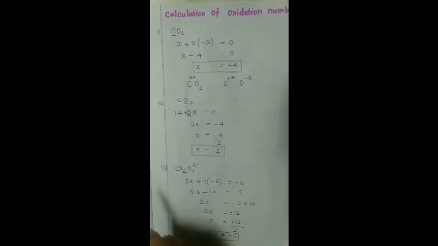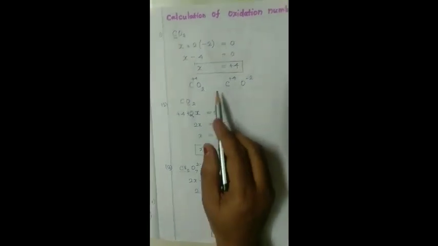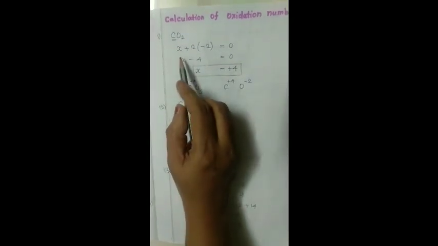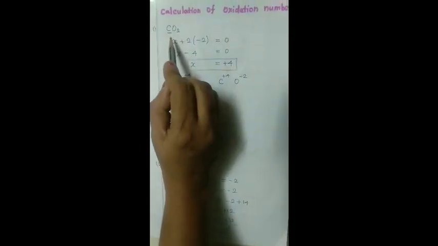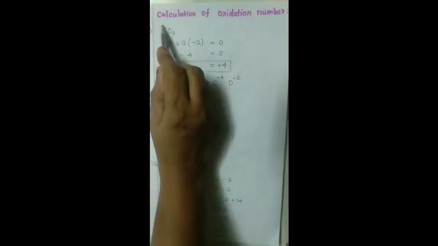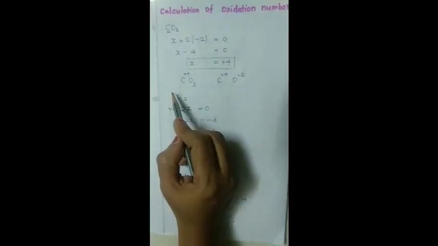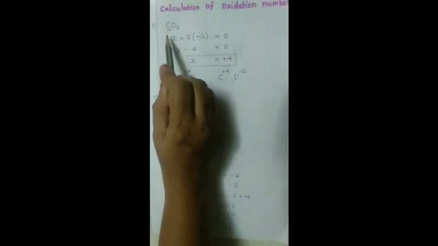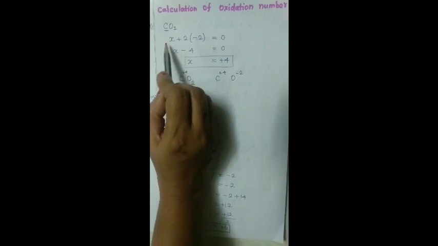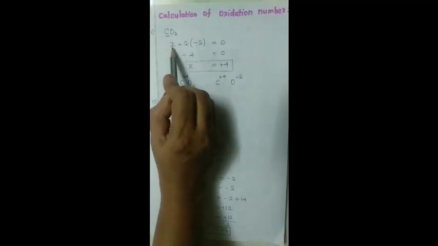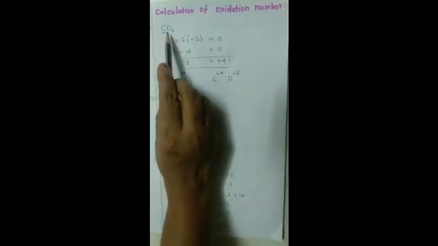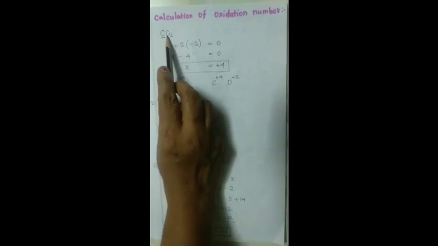Let's apply those rules to find the oxidation number now. I am going to calculate the oxidation number of carbon in carbon dioxide. Let's consider the oxidation state of carbon here as X. So X combines with 2 oxygen atoms.